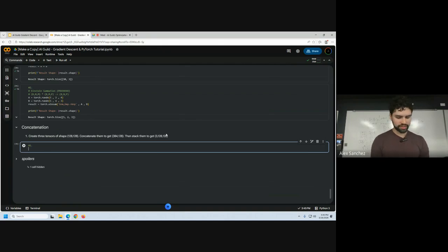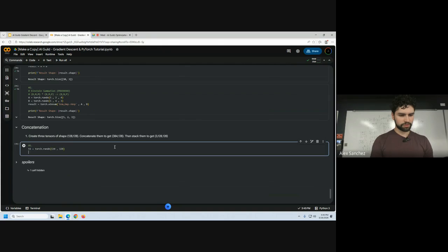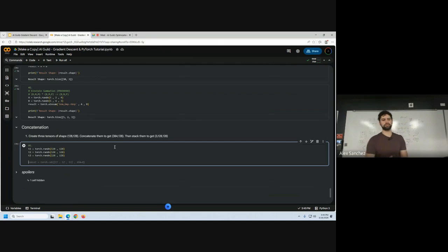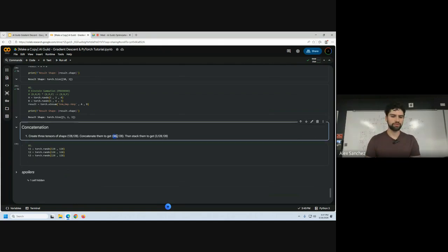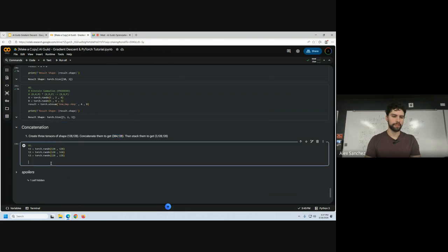And then here we're just concatenating. So let's create 3 tensors of shape 128 by 128. So we do T1, T2, and T3. Those are our 3 tensors. Our first goal, we want to concatenate them into one tensor of 384 by 128.